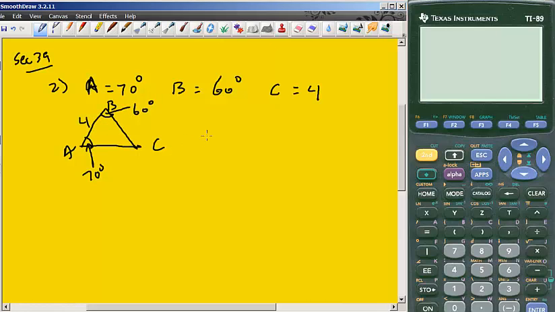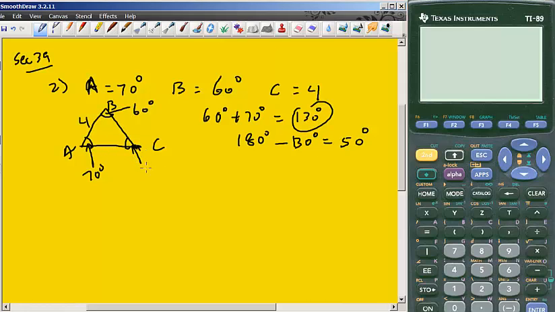All we have left is to find this angle. We add 60 plus 70, which gives us 130, and subtract that from 180, because all three angles of a triangle have to add up to 180. That gives us 50 degrees.